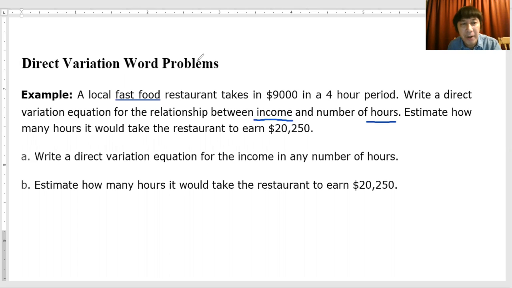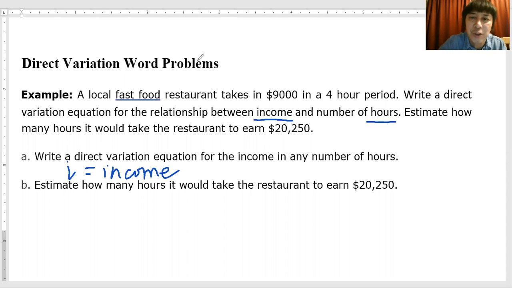So letter A, write a direct variation equation for the income in any number of hours. Okay, let's assign variables. We're going to use I for income, and H for hours, or T for time.